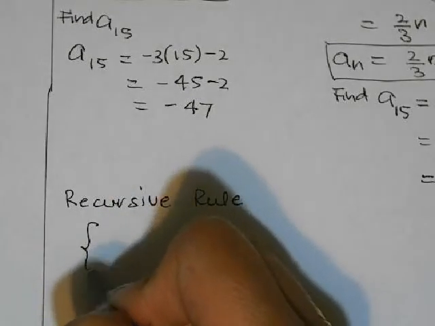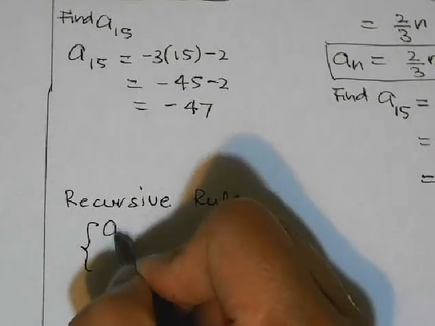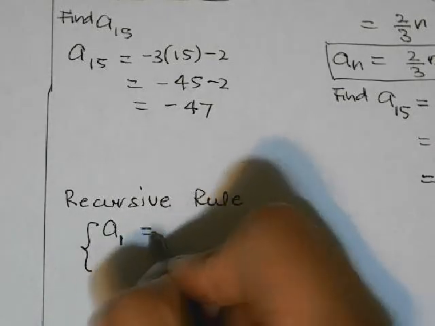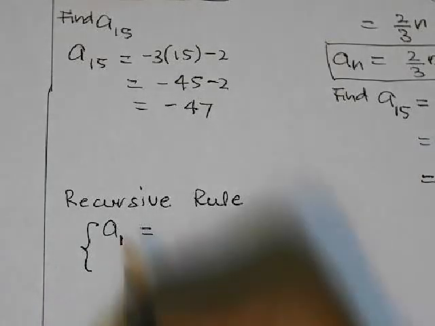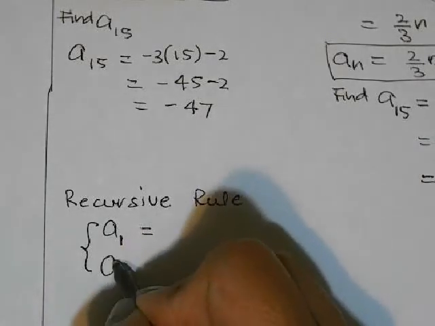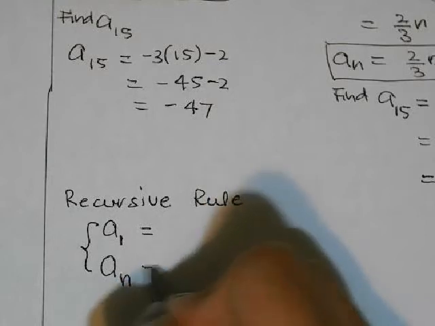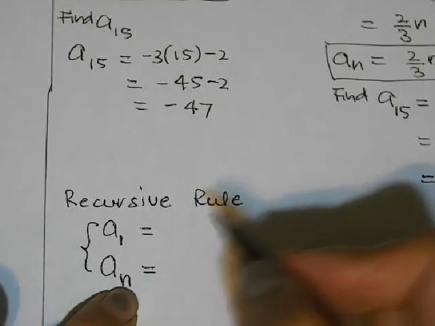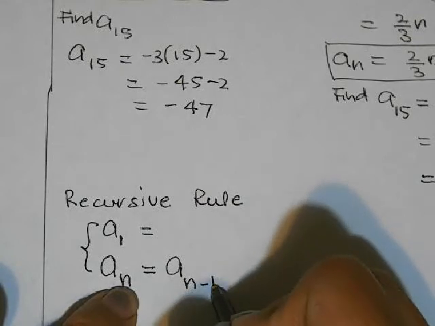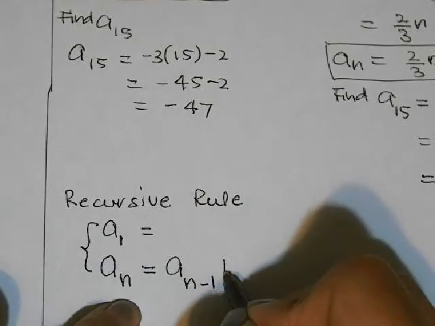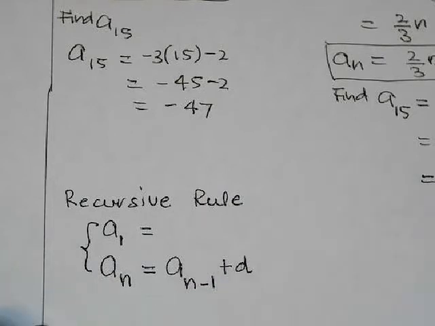You have this symbol here, then you write your first term, whatever is the first term of your sequence, then you write a sub n. Any term is equal to the term before this term plus d. So that is the recursive rule.